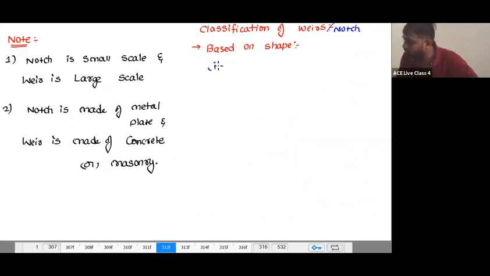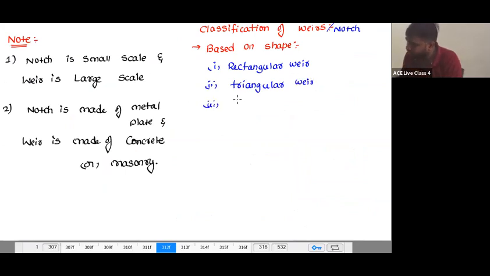So based on the shape of weir, we can say rectangular weir, triangular weir, and trapezoidal weir.